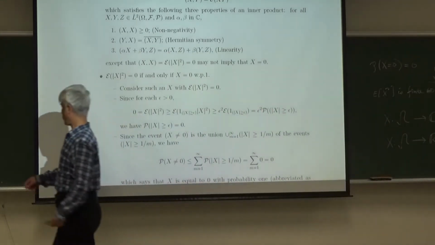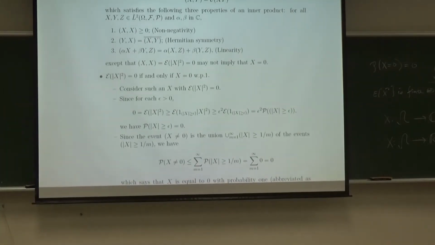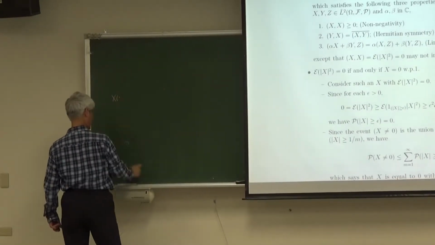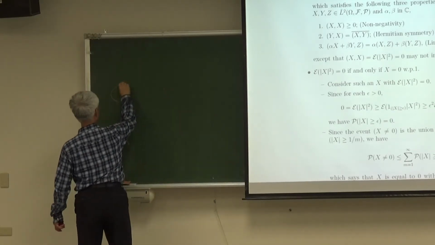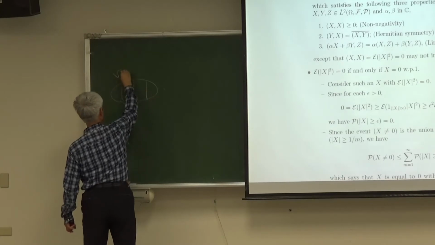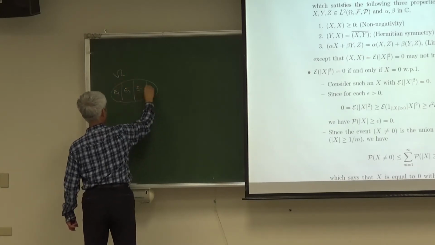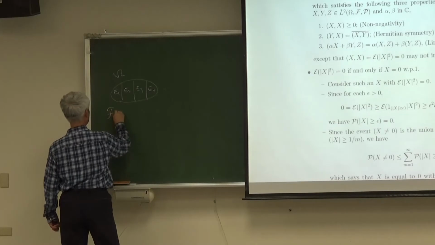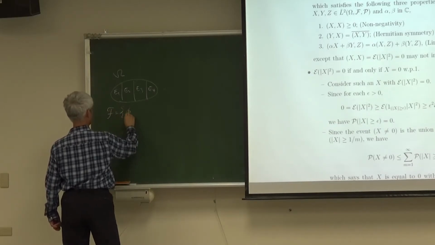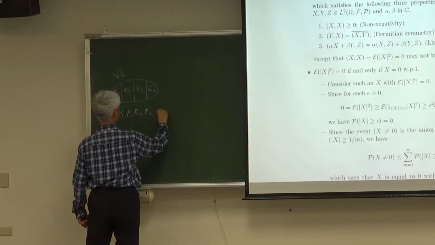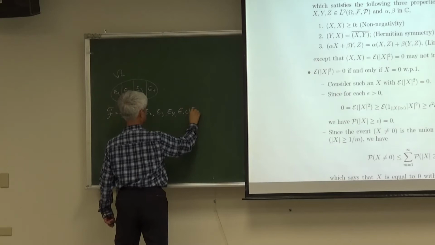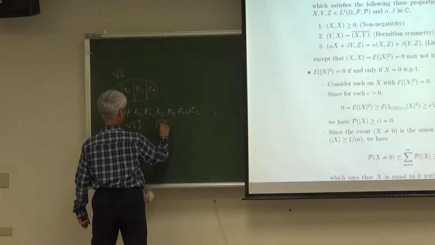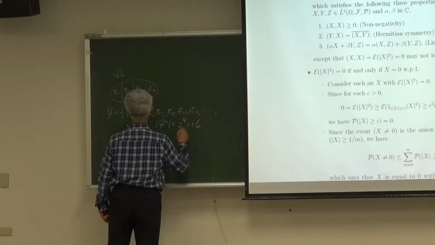For example, you can define x of omega. You can divide the space into E1, E2, E3, E4.